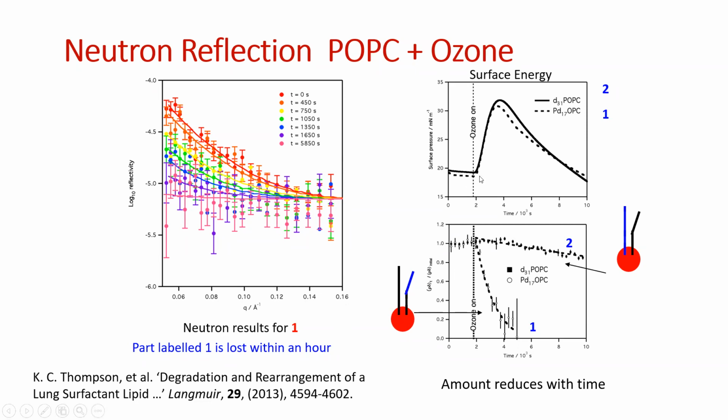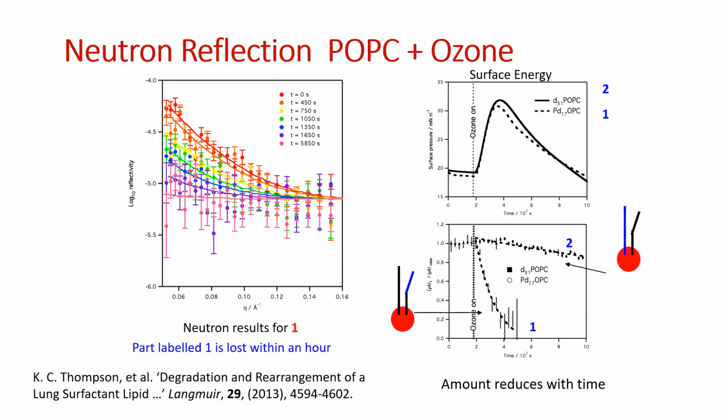We can actually see some of what's happening just by monitoring the surface energy or the surface tension, but we don't get the full molecular picture of what is happening. And so the neutrons have allowed us to see that you lose this particular part of the molecule rather quickly, with significantly less than a part per million of ozone in the air.